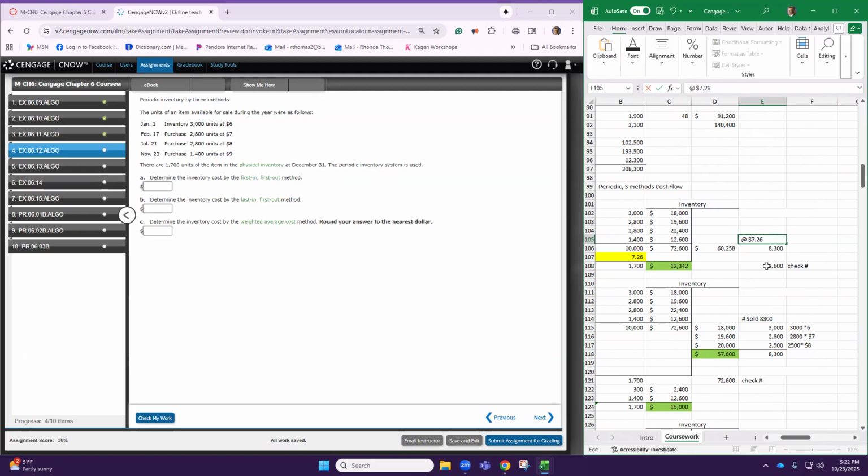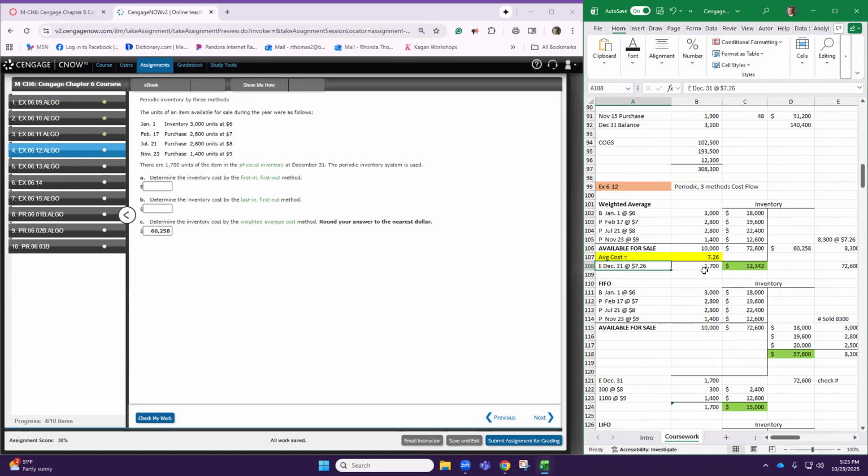So I'm going to put this up here so you can see the math. 8,300 units at $7.26 is this dollar value here, 60,258. Determine the inventory cost by the weighted average. So the inventory cost that is sold going out of there is 60,258.